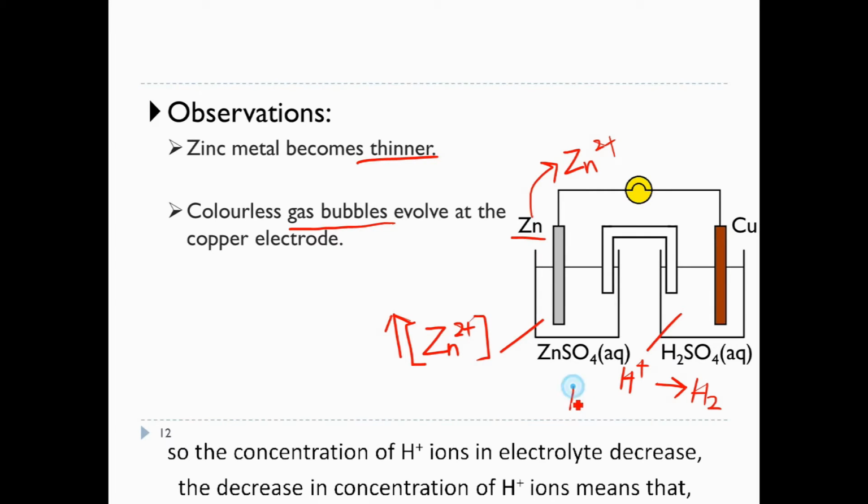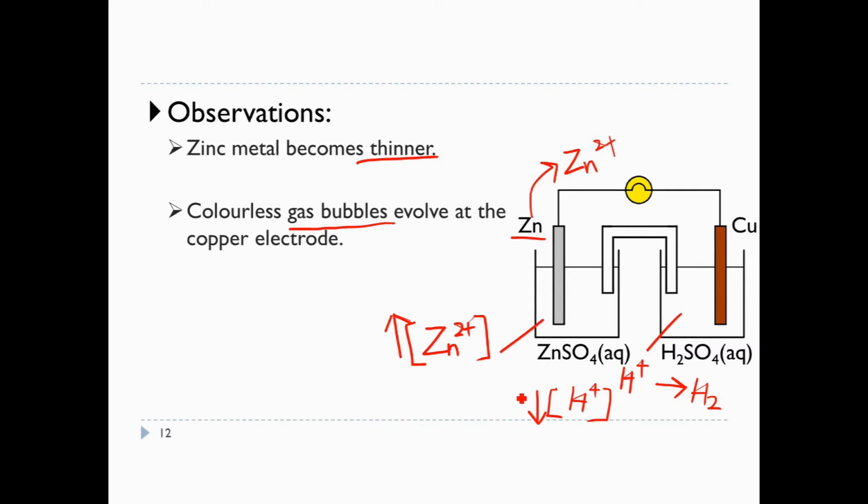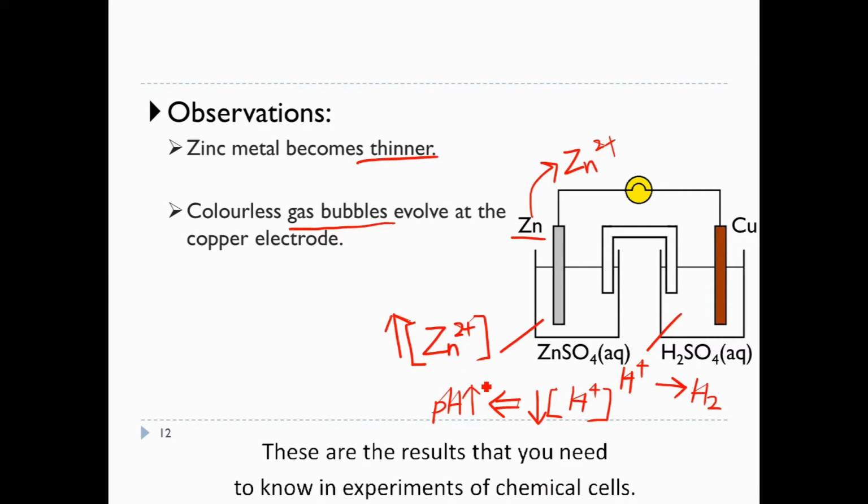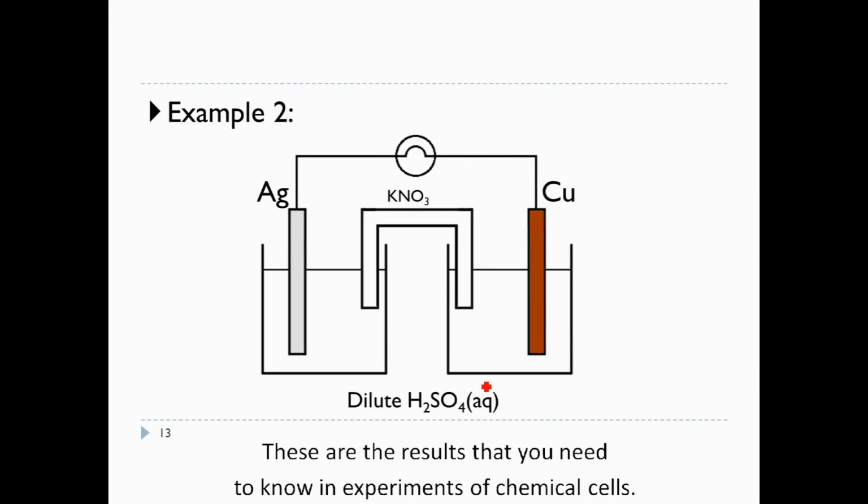So the concentration of H+ ions in the electrolyte decreases. The decrease in concentration of H+ ions means that the pH value in the right half cell will increase. These are the results that you need to know in experiments of chemical cells.